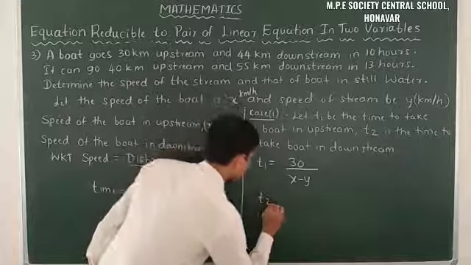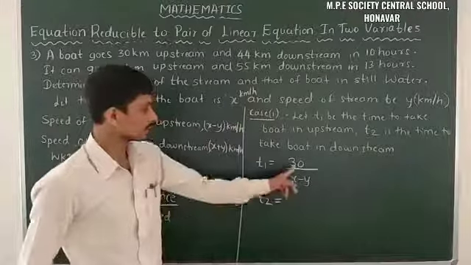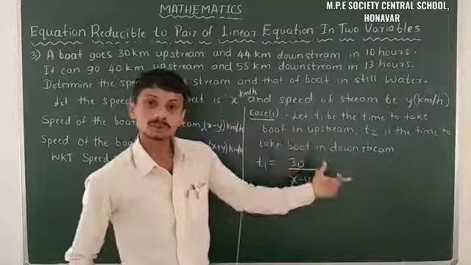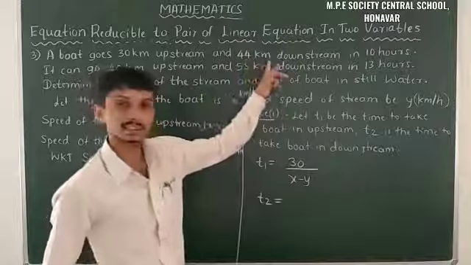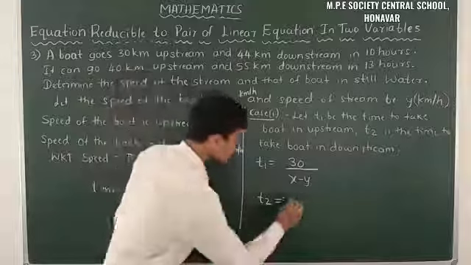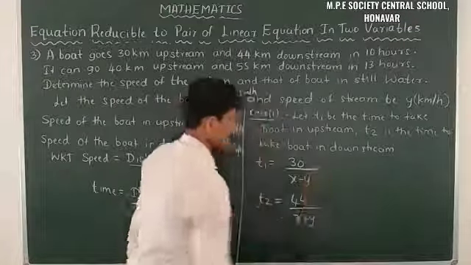T2 is the time taken for the boat in downstream. That means it's a 44 kilometer distance and x plus y kilometers per hour speed. So that is 44 by x plus y.